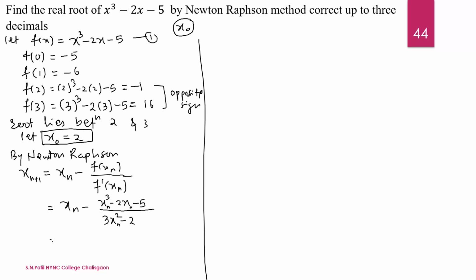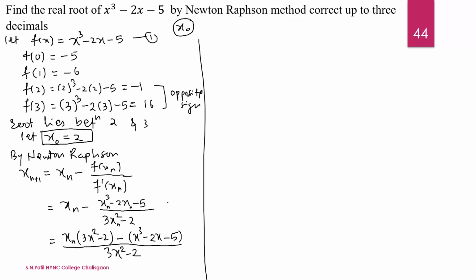Now the 3x square minus 2 is multiplied to this x, so it is x suffix n into 3x square minus 2, minus x cube minus 2x minus 5, divided by 3x square minus 2.